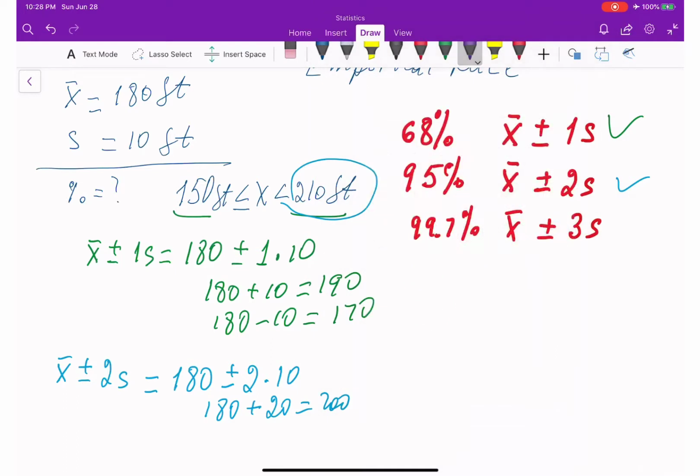And lastly, our last chance, we are going to check plus or minus three standard deviations. Let me follow the same rule: x bar plus or minus 3s is 180 plus or minus 3 times 10.